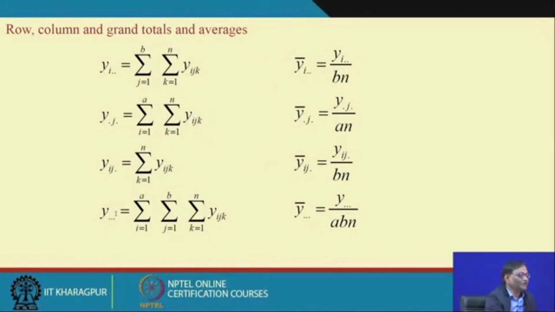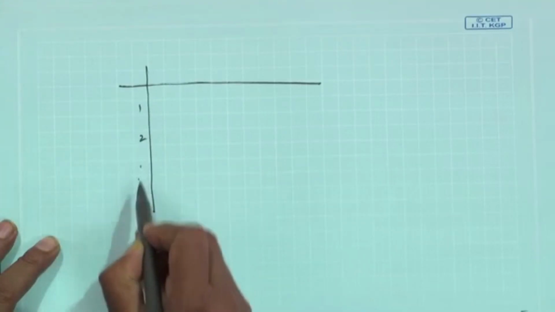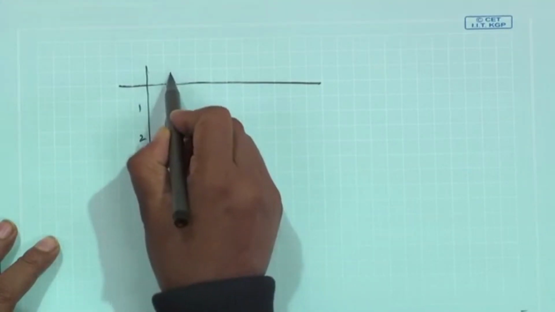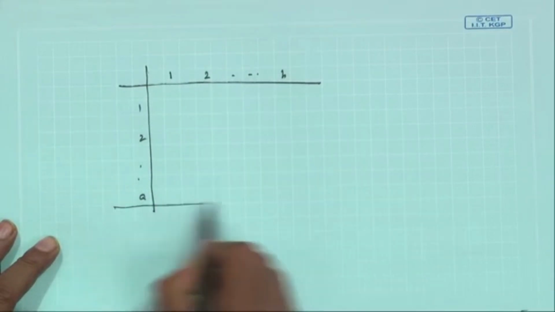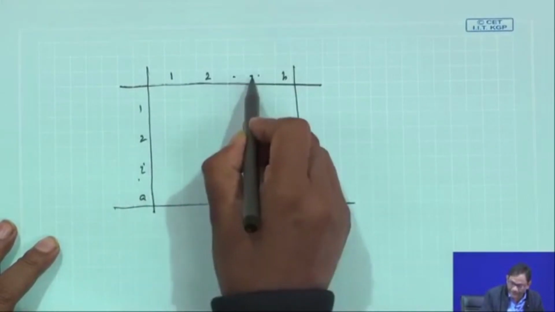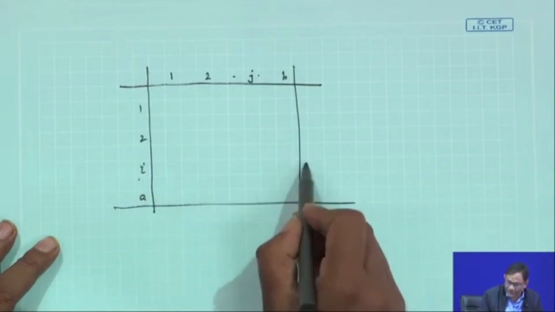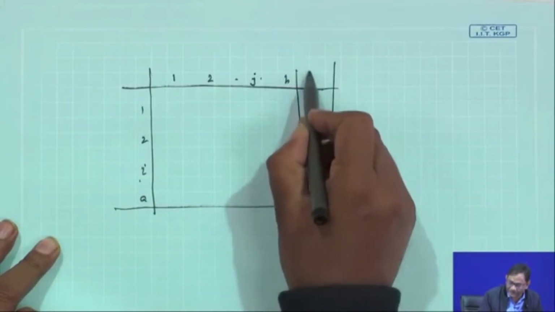With reference to our data, we have a rows and b columns. Here is the ith row and here the jth column. This is y_i.., the row total.